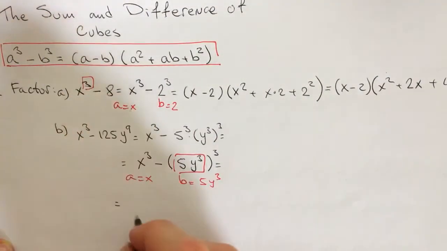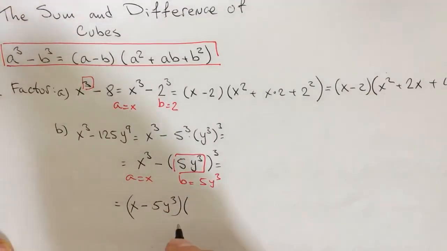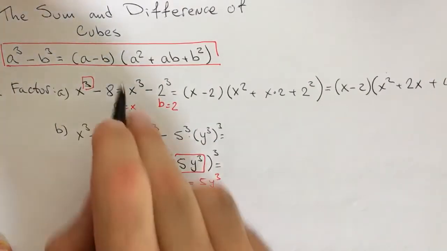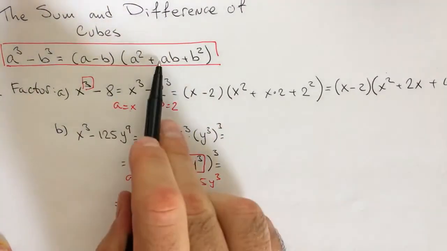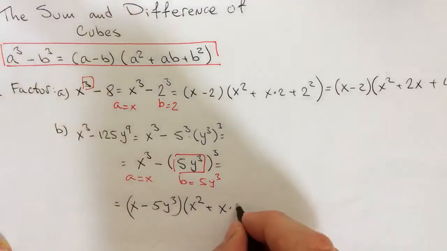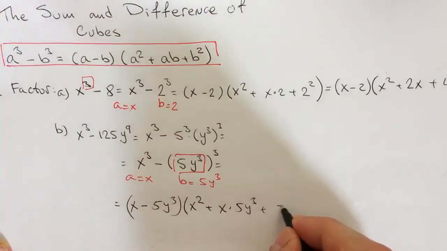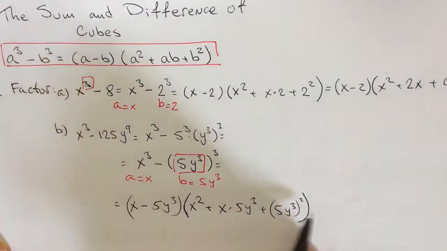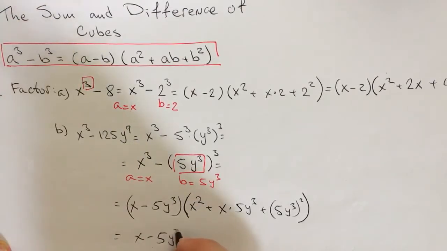So that's a minus b, x minus 5y cubed, times x squared, because it's a squared, plus a times b, that means x times 5y cubed, plus b squared, so plus 5y cubed squared. Again, be careful of the parentheses, okay? And now just make this expression a little bit nicer.